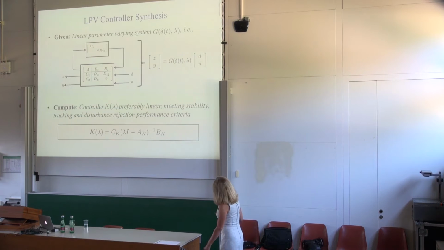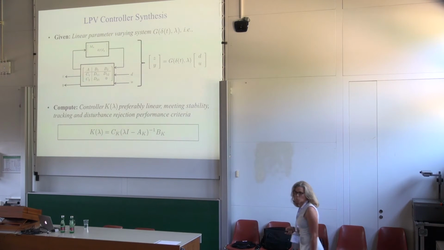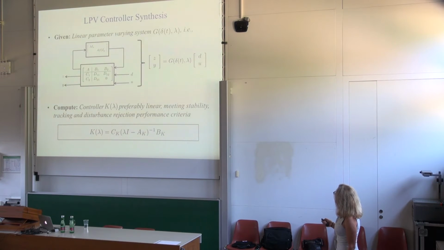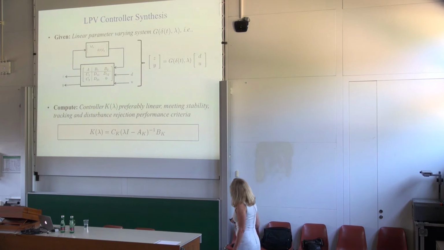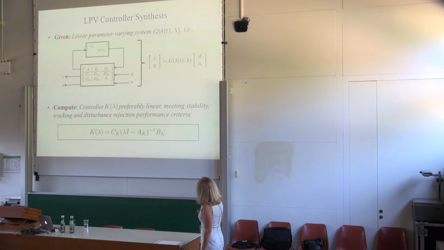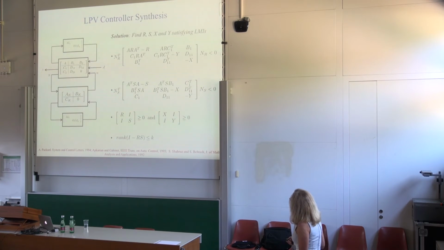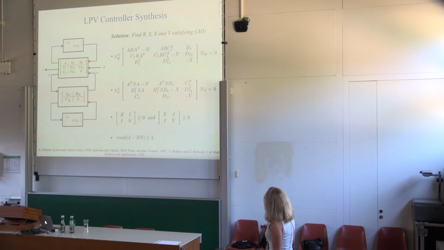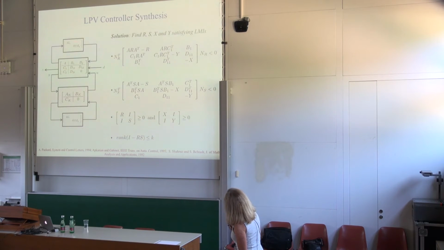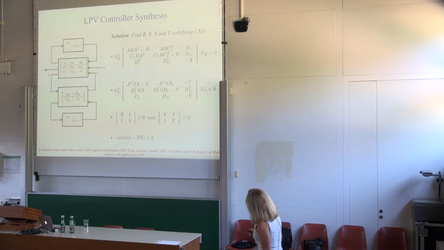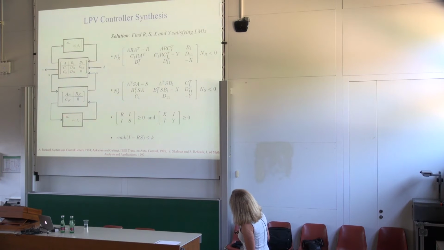So normally such a linear controller would have the standard state space formulation, but because we're starting with this parameter dependent model, in order to meet all of our performance criteria, we're going to have to actually design a controller K that's also linear parameter varying, basically, okay? So using the LFT formulation, this is our plant, and what we want to do is find a controller that essentially also evolves with respect to our time shift operator and our parameter delta, right?